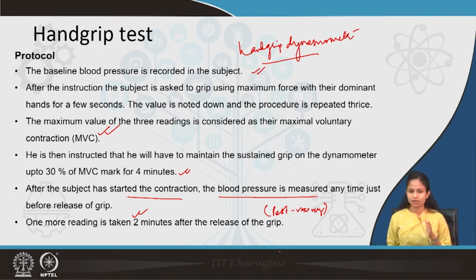We have to take the recording post test, that means what is happening 2 to 3 minutes after the test. We need to see whether the body has come back to normal from the stressful situation. If the body is not able to come back to normal from the stressful situation, that means there is some sympathovagal imbalance present in the body.